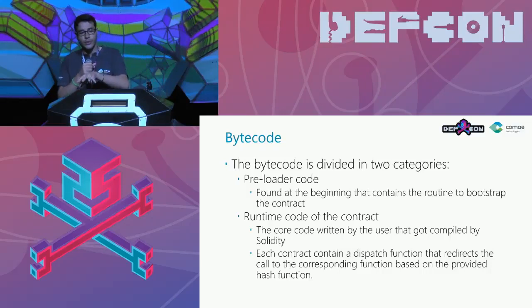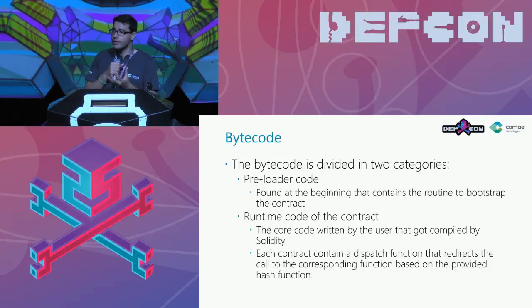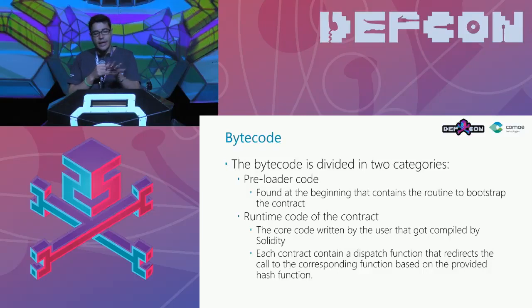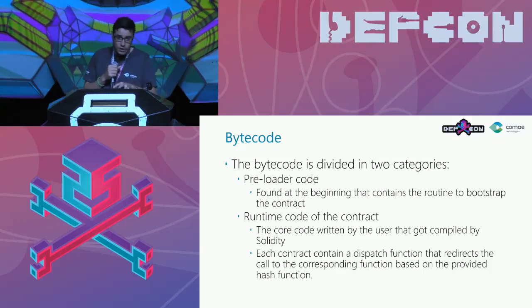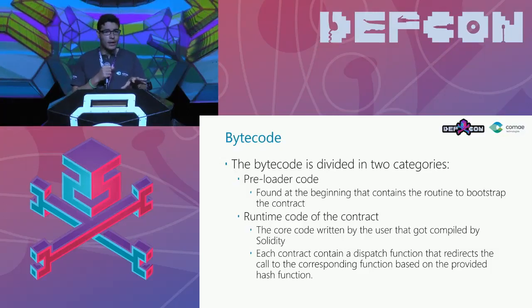You're going to have the preloader code, which is in charge of copying the actual smart contract, where all the interesting stuff is, inside the executable memory, and then the runtime code of the contract, which is basically what we want to analyze and contains all the information that we want to spend the time on. It would contain the whole contract, so each function, which is basically what had been produced by the Solidity compiler.